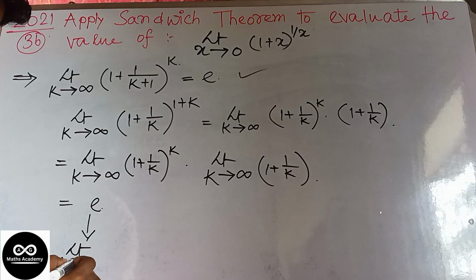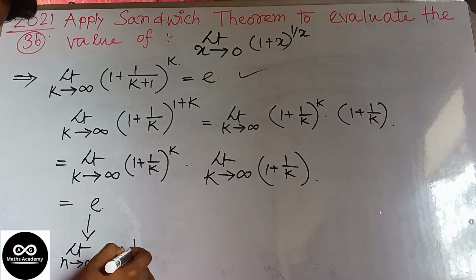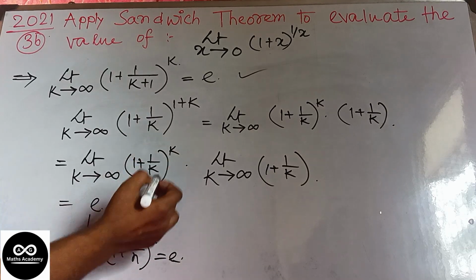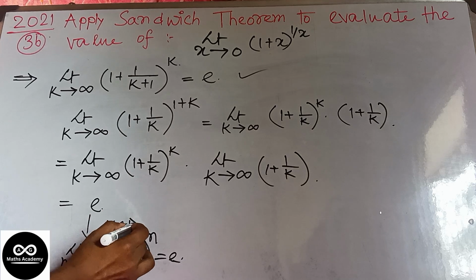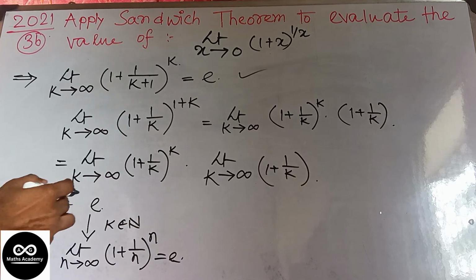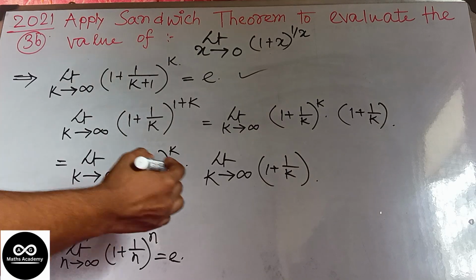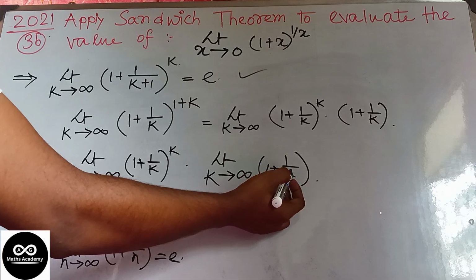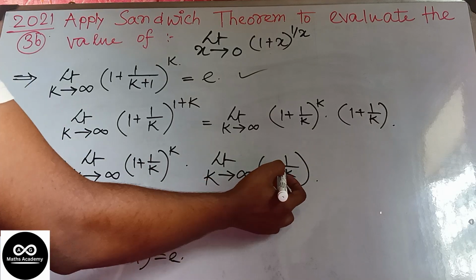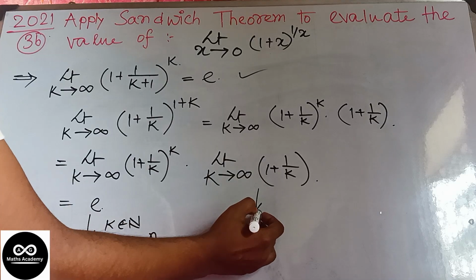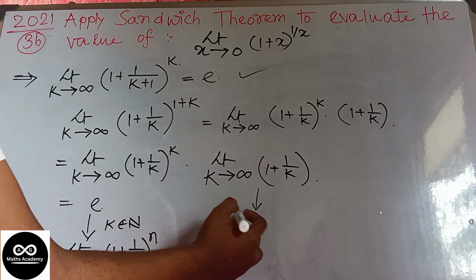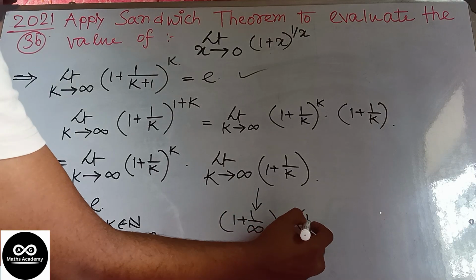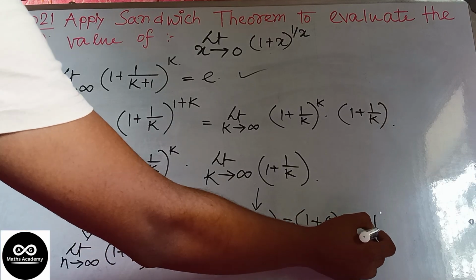Now from here, we can straight away write that this equals e, as the limit as n tends to infinity of (1 + 1/n)^n equals e, and k belongs to N. So this will be e, and if we put k equals infinity, this will be 1 + 1/infinity, which is 1 + 0, equal to 1.